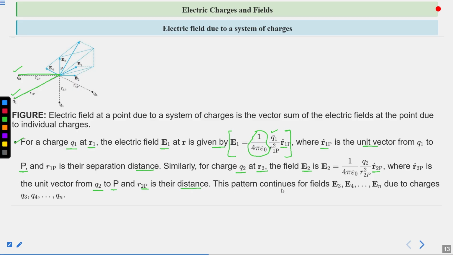This pattern continues for fields E3, E4 and En for n charges. If we have n charges, then we have to find the nth electric field due to the nth charge. So En is due to charge Qn, E4 for charge Q4, E3 for charge Q3 and so on. I hope this is clear. For multiple charges, there are multiple electric fields.